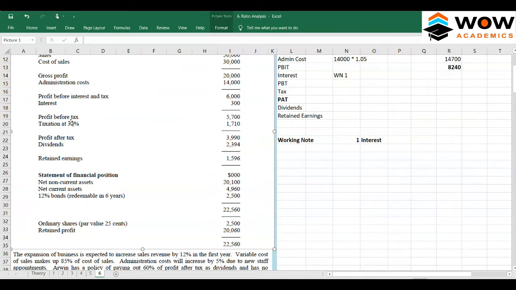So we'll put it as new bond: a 10% bond of 5 million.